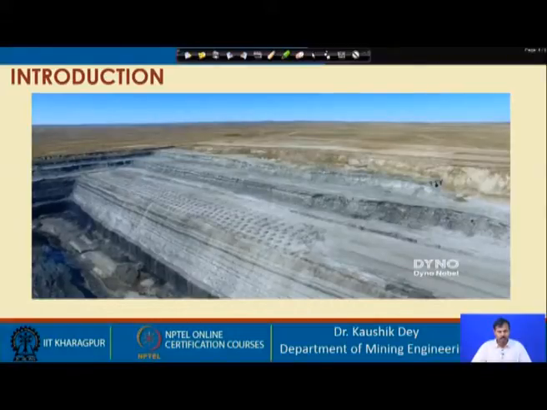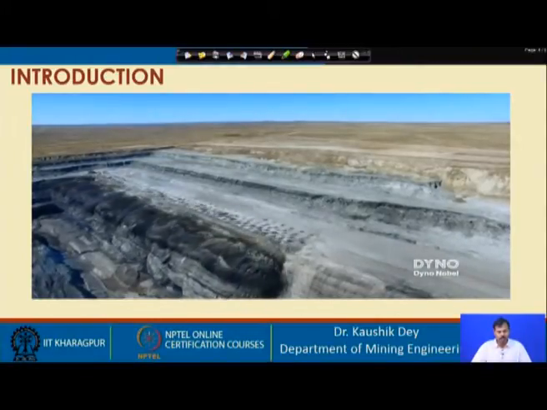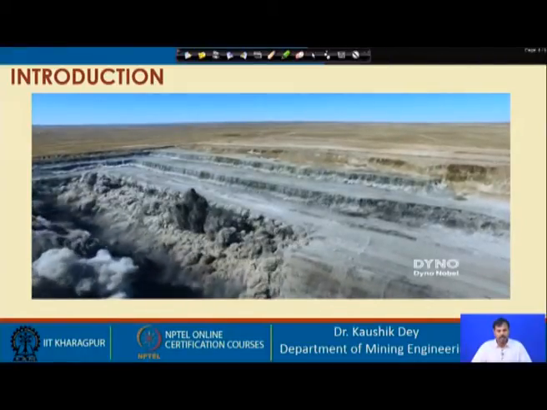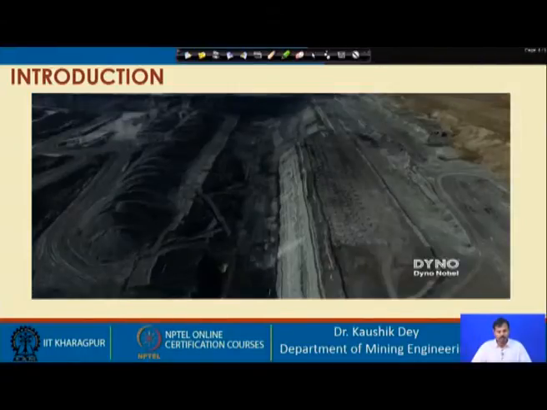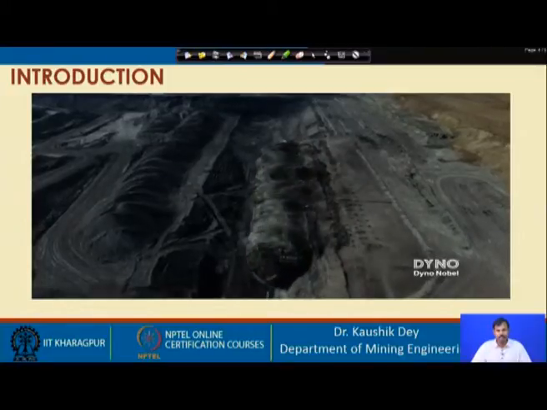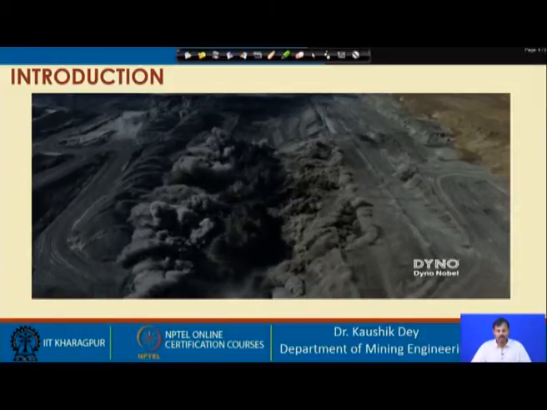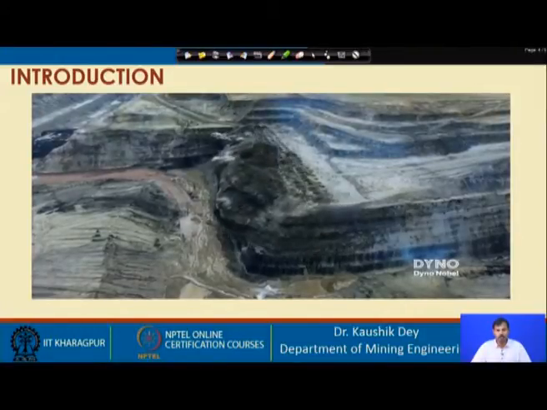As you are observing, a few holes are being initiated and the blasting is carried out. This total process takes a few milliseconds, but we are observing the video in a very slow-speed manner.